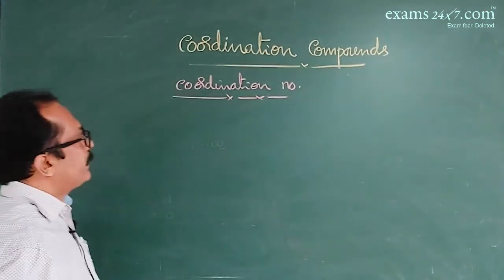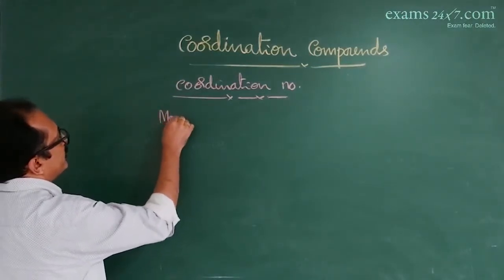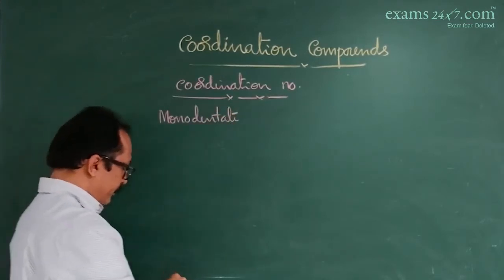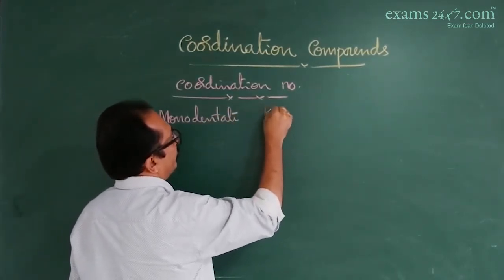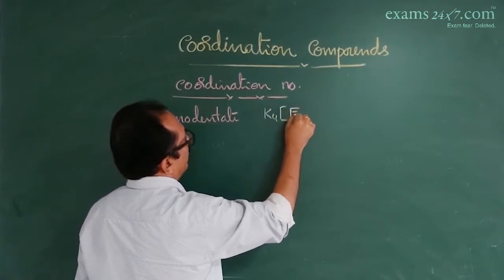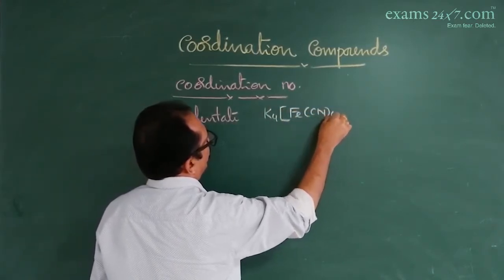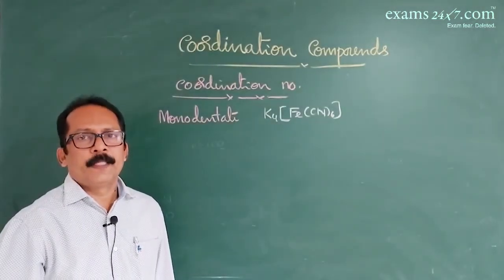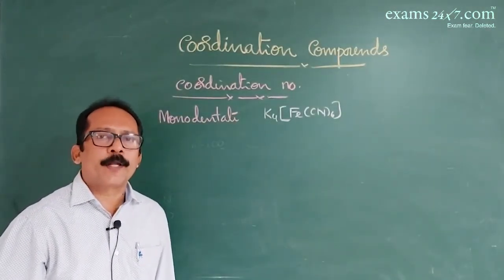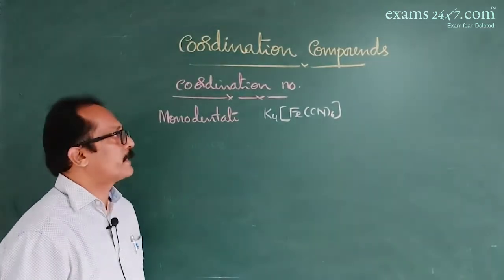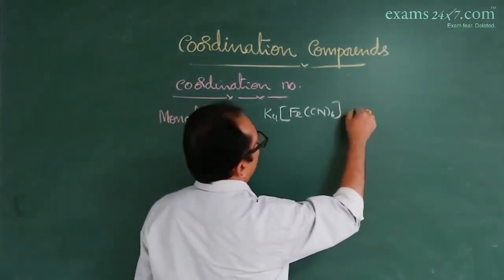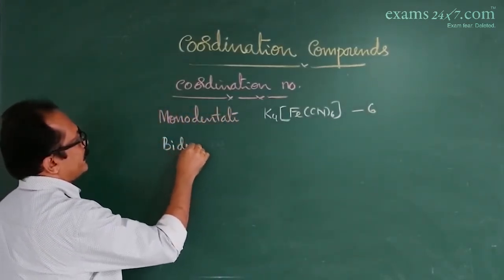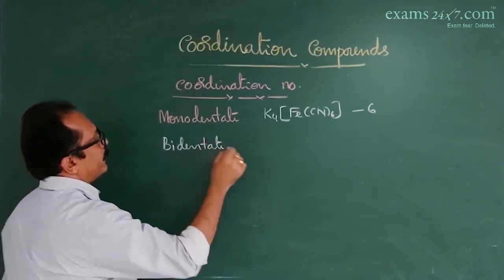Now, for example, in the case of monodentate, potassium ferrocyanide. See, there are 6 cyanide ligands. Each ligand contributes a coordinate bond. Number of coordinate bonds is 6. So coordination number is equal to 6. We'll take bidentate ligand.